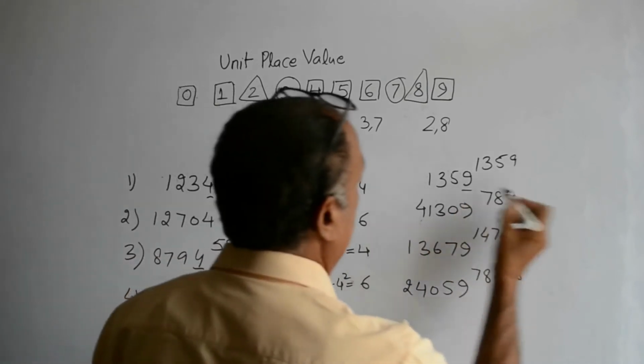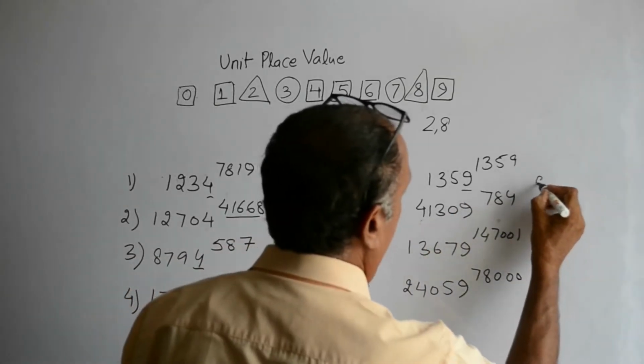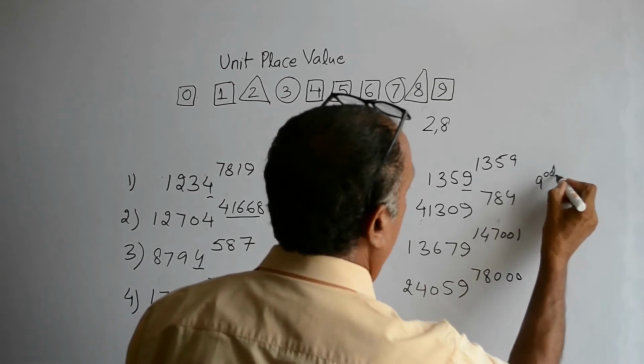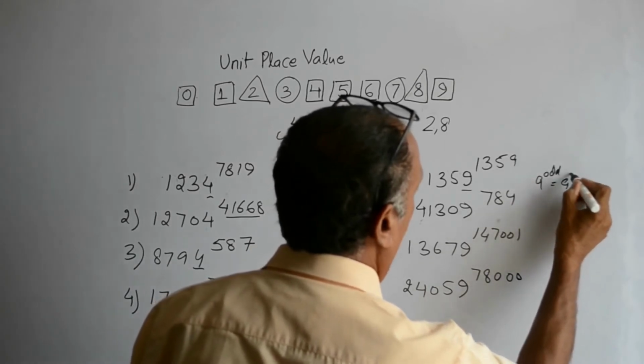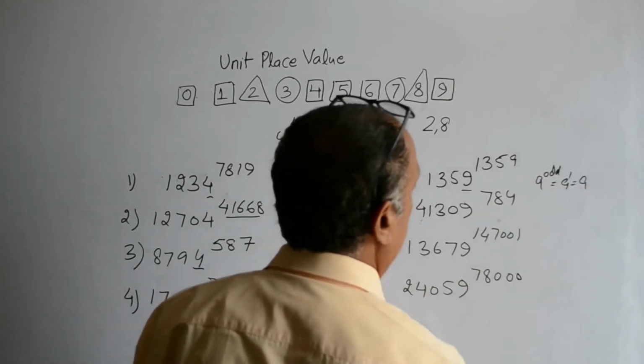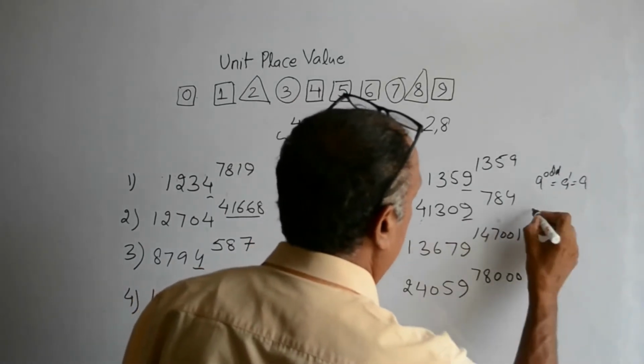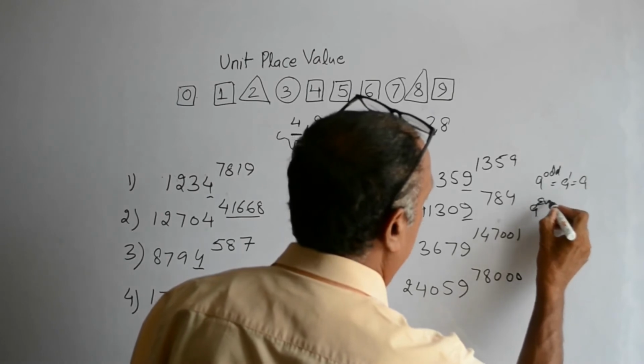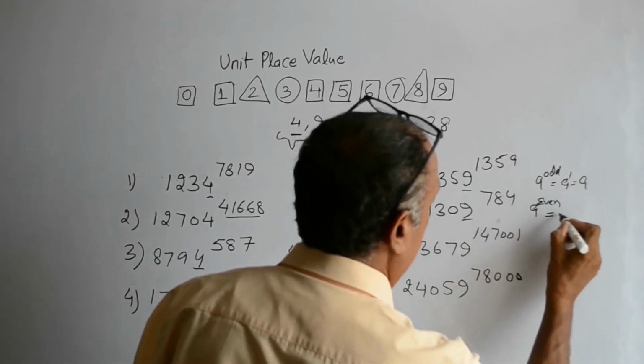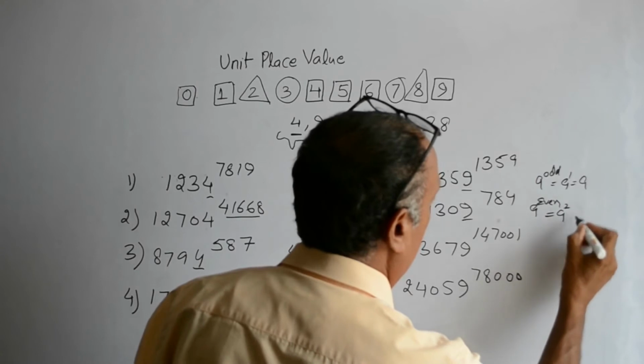Now 9 raised to power odd number means 9 raised to power 1, which is equal to 9. 9 raised to power even number is equal to 9 raised to power 2.